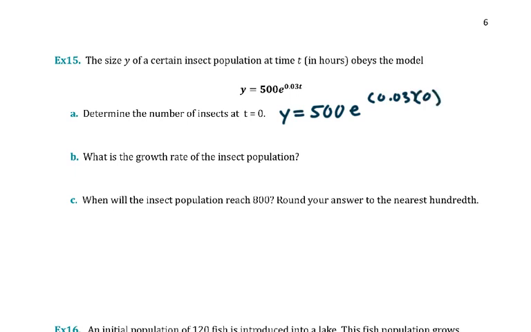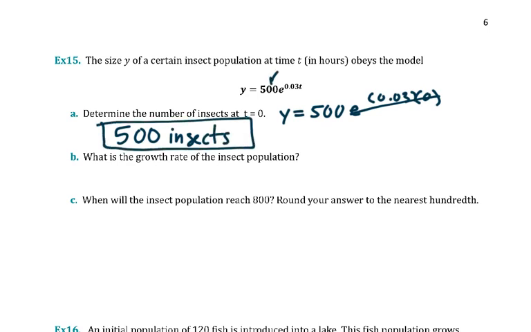So 0.03 times 0 is 0, and e to the 0th power is 1. So we end up with 500 insects. And if you look in your problem, that 500 is occurring right where the initial amount would show up.